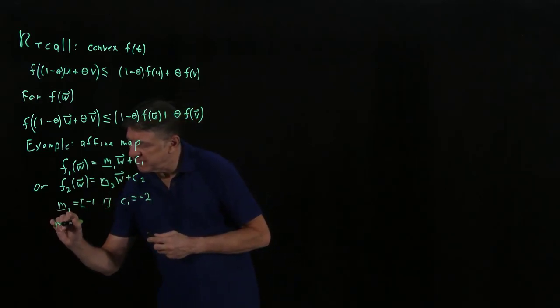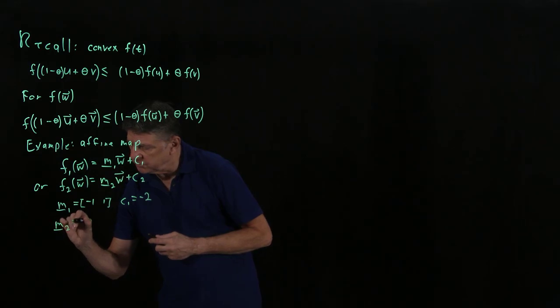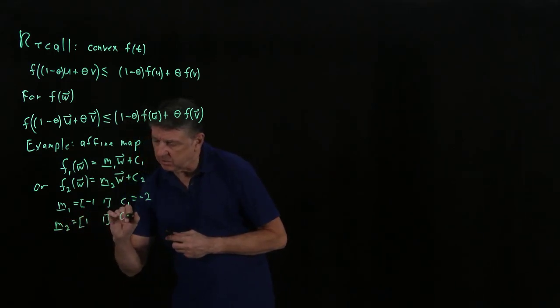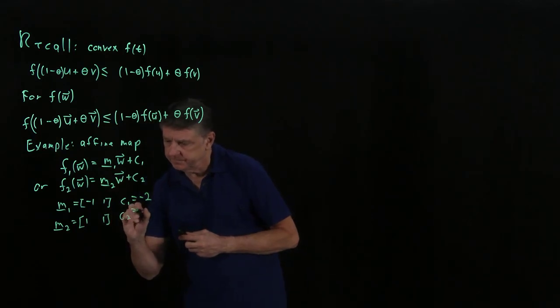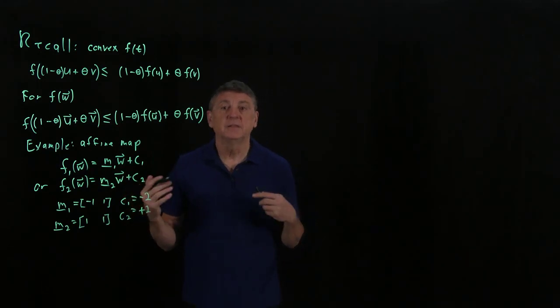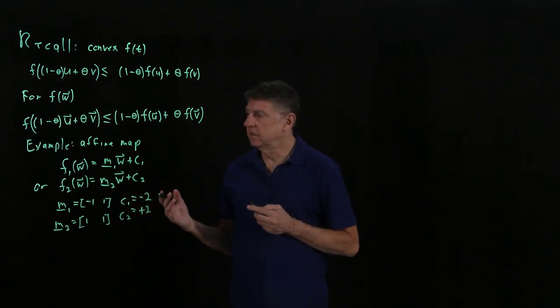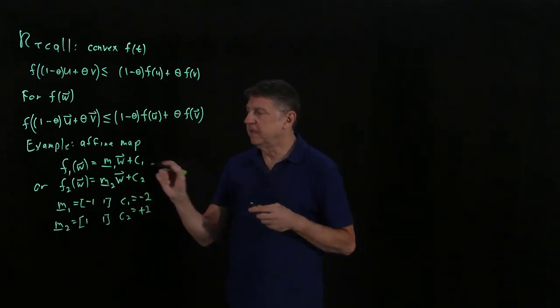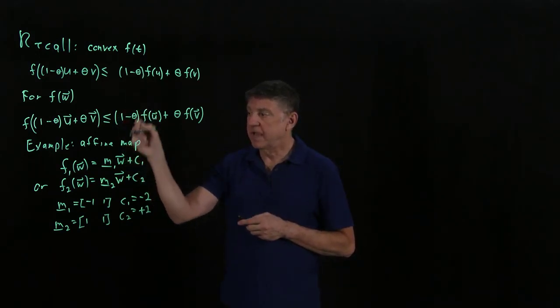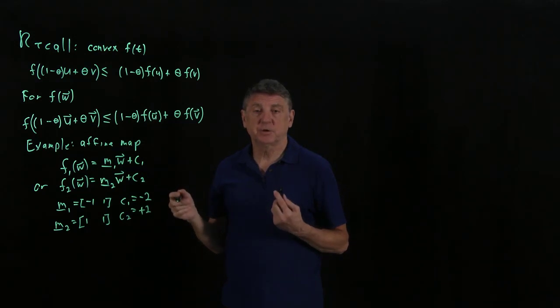And now suppose we have one form 2, and this is 1, 1, and now our constant offset is plus 2. So it's easy to verify that these are convex functions. That is, if we take these interpolation rules and we apply them, it's easy to show they're convex.